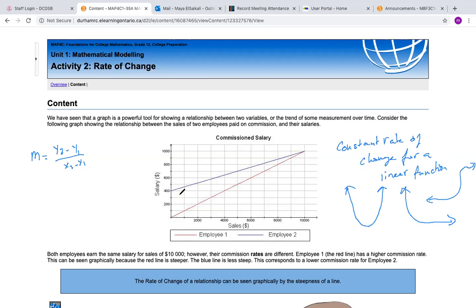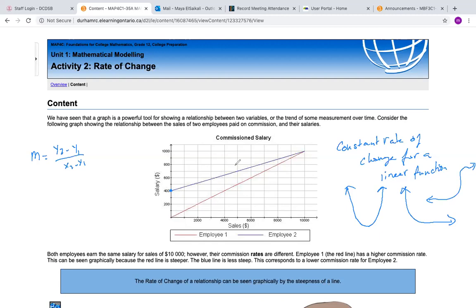Okay, and to find the rate of change, you need to pick 2 clear points on the graph, and then you're going to have to calculate the rate of change. So if I'm looking at the blue graph here, I can pick my first point here, which is 0, 400, and I'm going to pick this one.